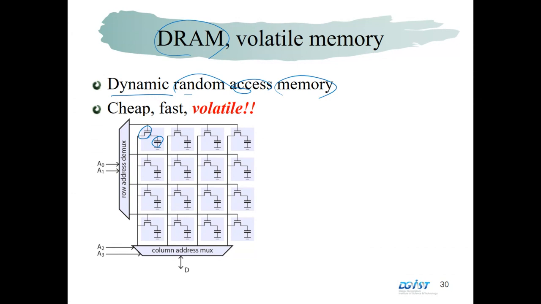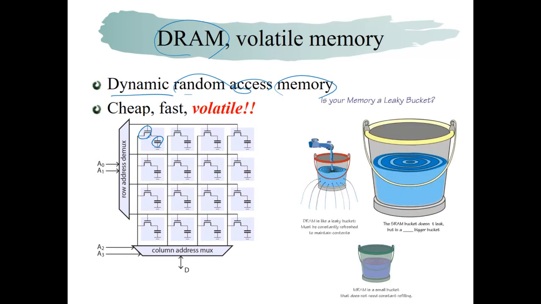And this kind of basic structure for memory is applicable to many kinds of memories. But the most important weak point of DRAM is that it is volatile. The information will disappear within tens of microseconds.